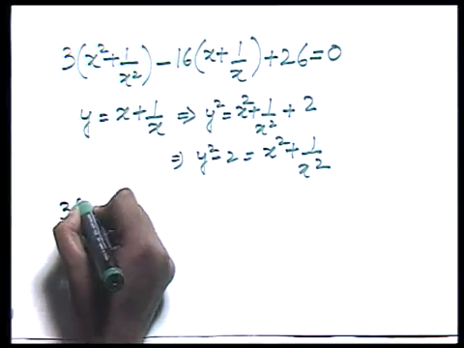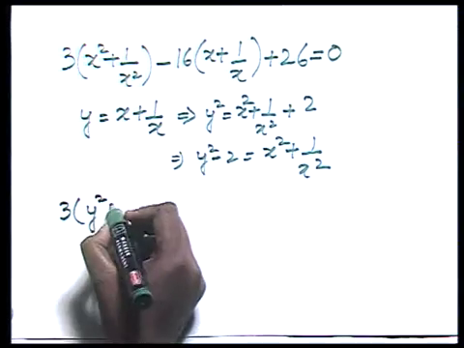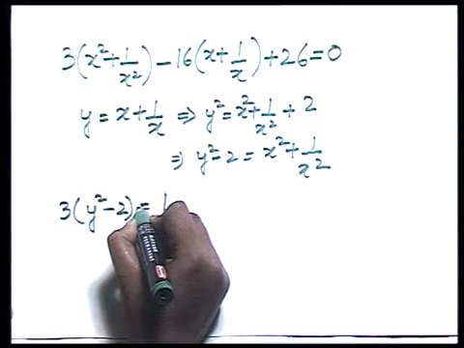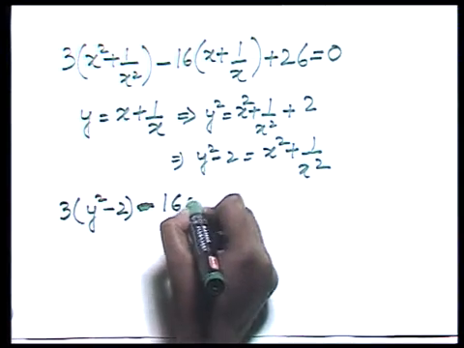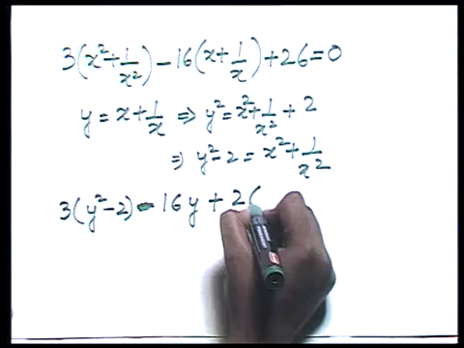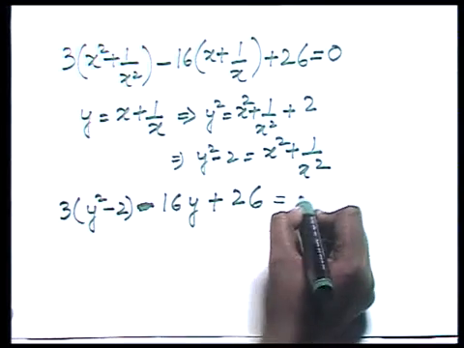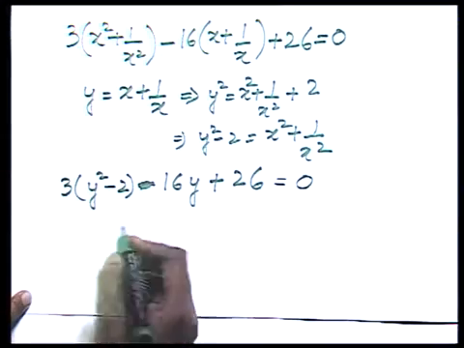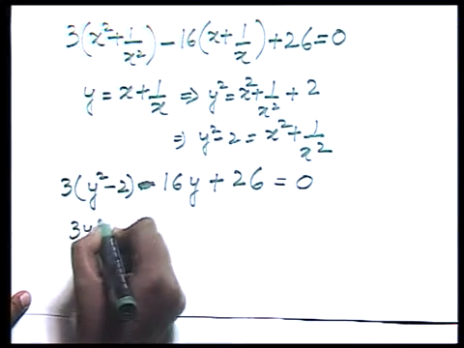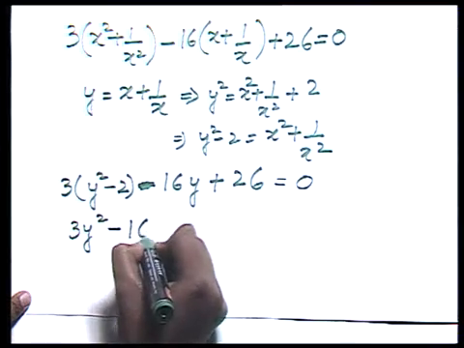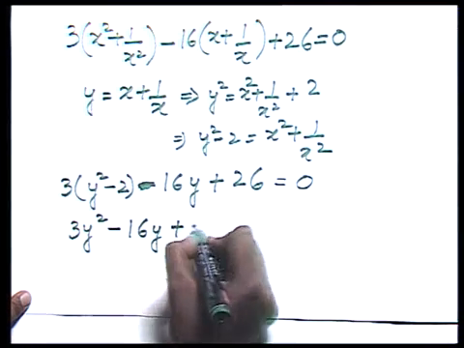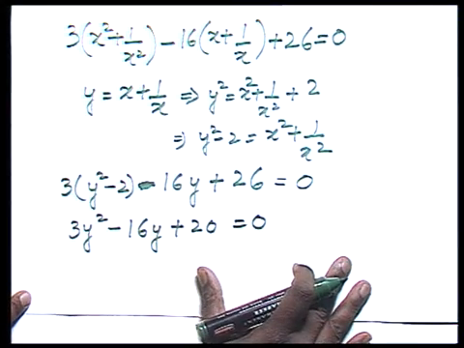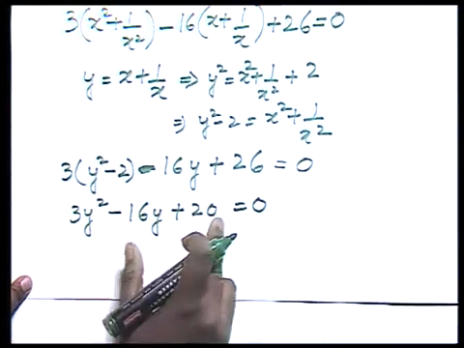We get 3 times y square minus 2 minus 16y plus 26 is equal to 0. Removing this bracket, we get the final equation as 3y square minus 16y plus 20 is equal to 0. Now, this equation is of quadratic form.